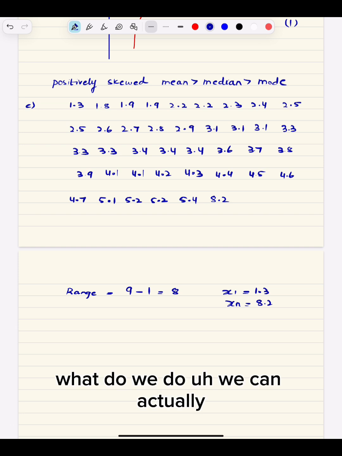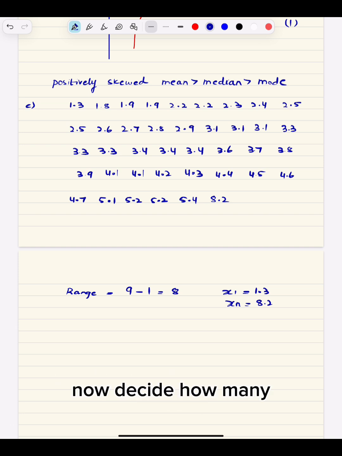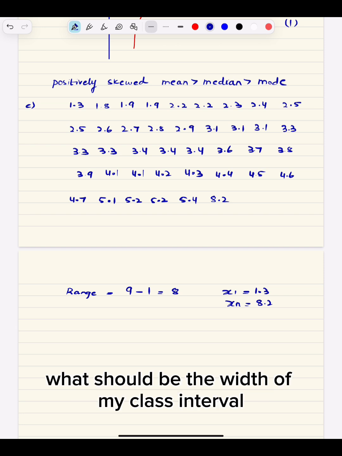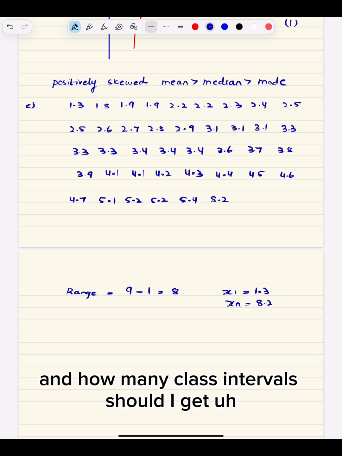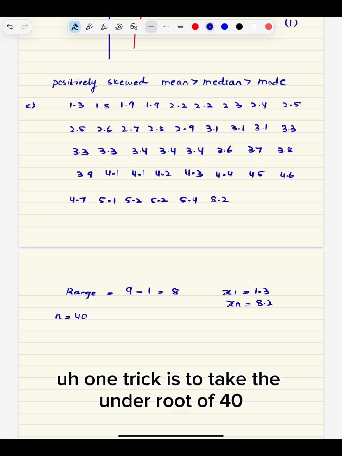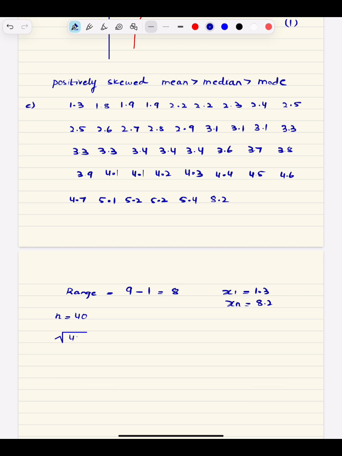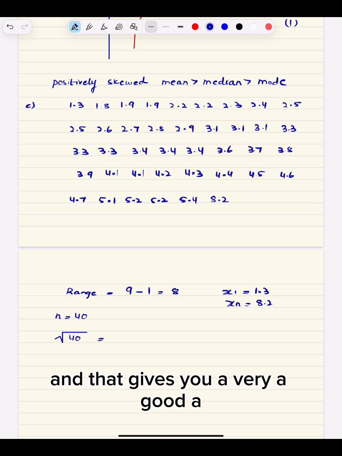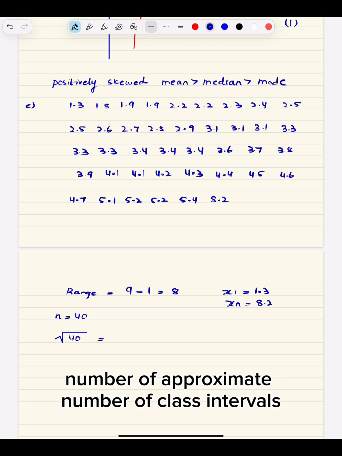We can now decide what should be the width of my class interval and how many class intervals I should get. One tip, since our sample is 40, is to take the square root of 40, and that gives you a good approximate number of class intervals to keep.